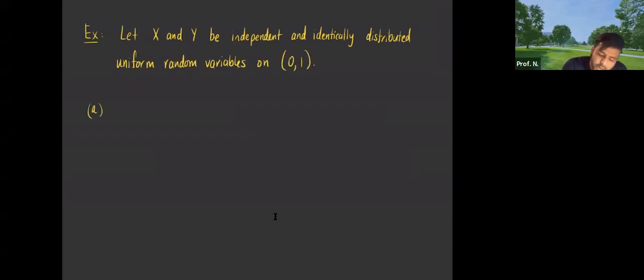And now the question is, suppose I have these new random variables, u equals 2x and v equals 3x over y. Find the new joint distribution of u, v. Find what this is.